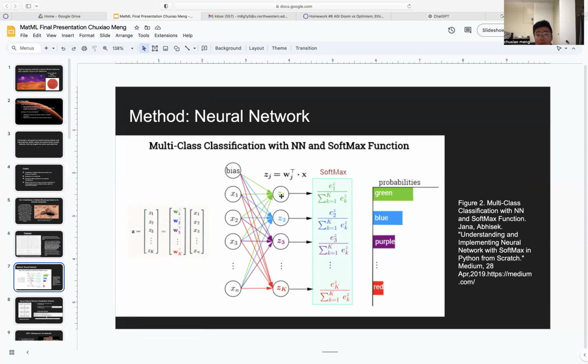There may be more than one hidden layer, and in that case, the output from the previous hidden layer will serve as input in the following hidden layer. And then the data is transferred to a layer called softmax. The softmax will show the probability of each category, which in this case is the mineral type.